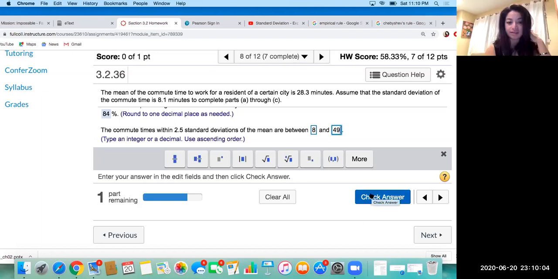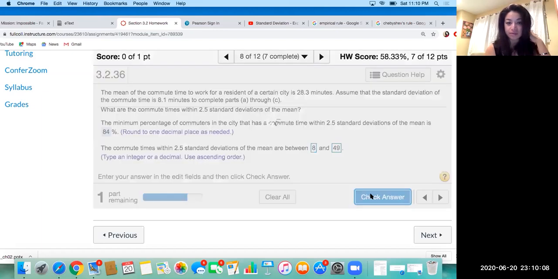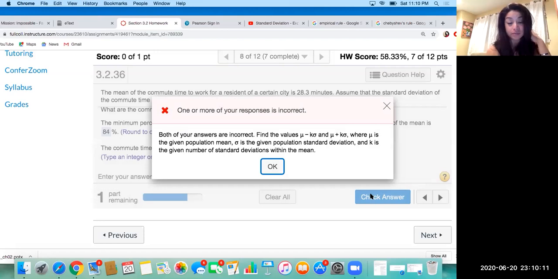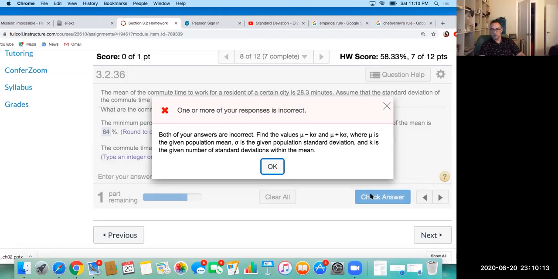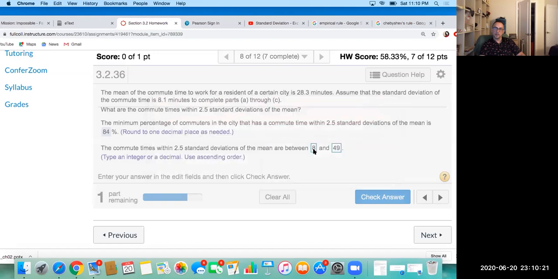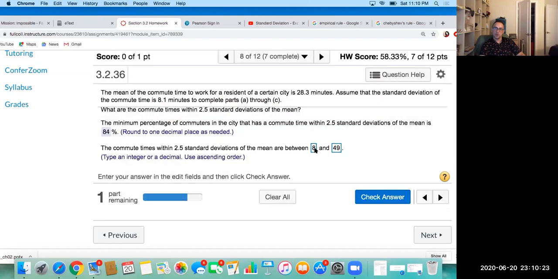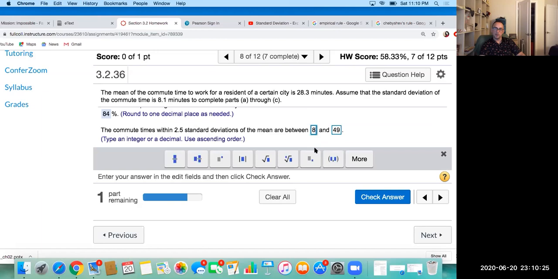We have another chance to check. Okay, both of your answers are incorrect. It doesn't say what to round to, though. Maybe round to what it told you to round to before. One decimal place, maybe?